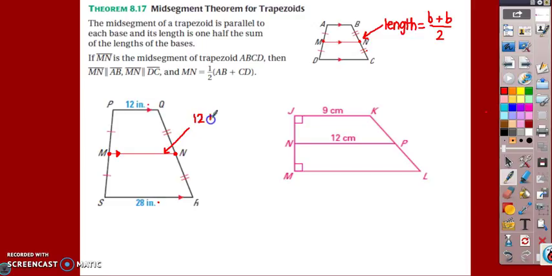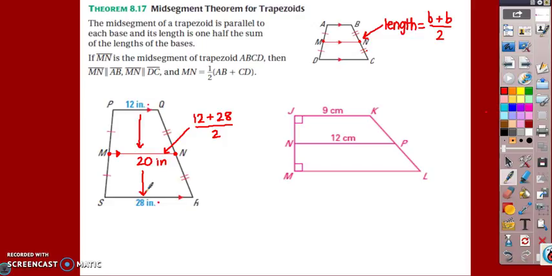Or you could do the average of those two numbers. What are you getting? 20? 20. Which kind of makes sense because it's 8 bigger than that base, and this is 8 bigger than the mid-segment. And they're equally spaced, so I think it makes sense.